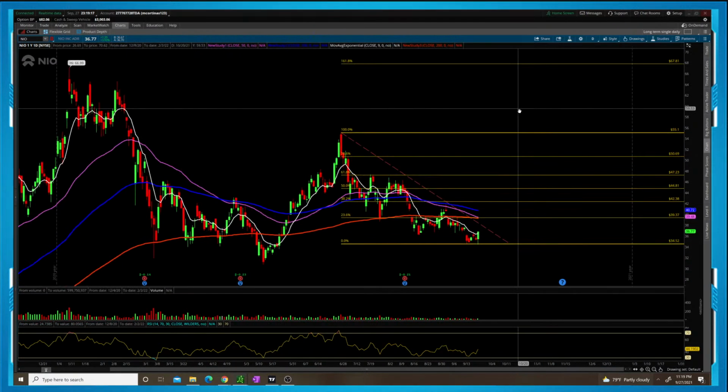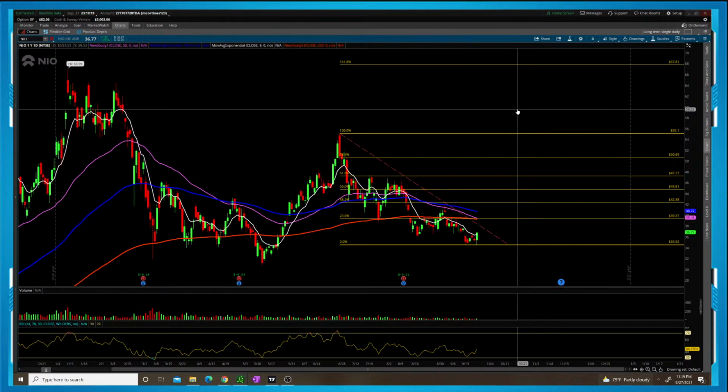With Fibonacci, this is completely technical analysis. A lot of people don't believe in technical analysis. They think only news is going to move the stock or only volume is going to move the stock. And that's true, but technical analysis can help you determine the direction or maybe price targets.